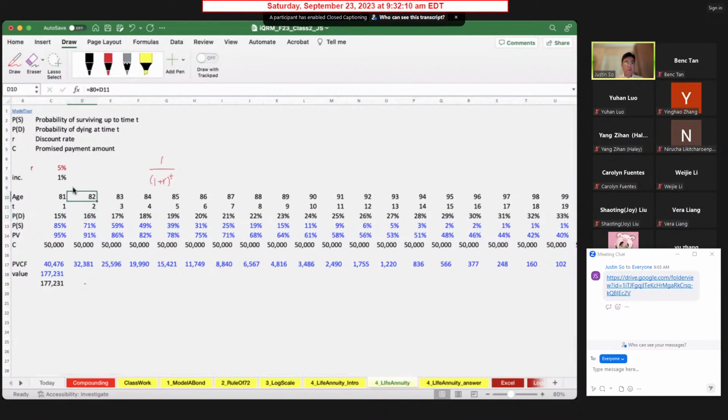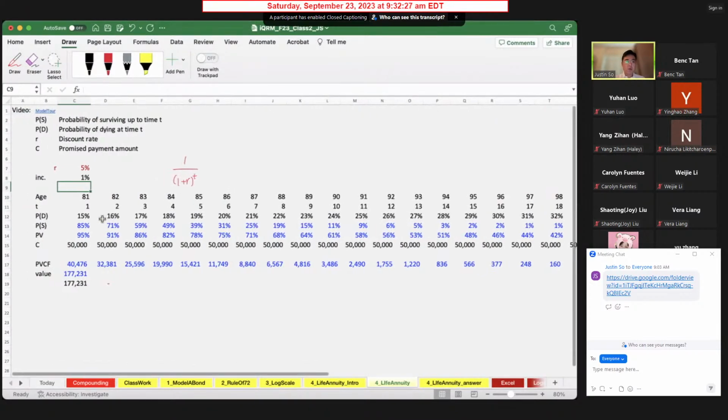Now, easily you can change in this cell. Instead of 1%, let's say 2%, because probability of survival changes. But in our answer here, you can answer either by building up, accumulating all the changes, or you go back to the original setup and then see the incremental change.